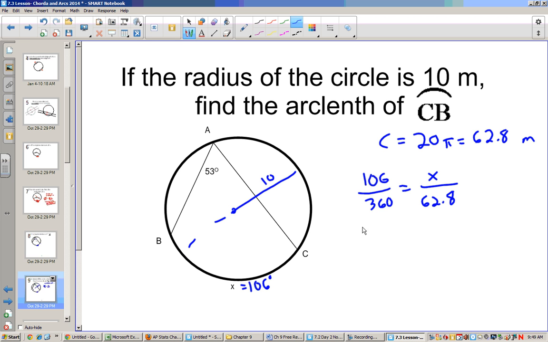Now I cross multiply and divide, and I have 360 times x is equal to 106 times 62.8, or 6,656.8. Now I divide each side by 360, and my x value is going to be 18.49.